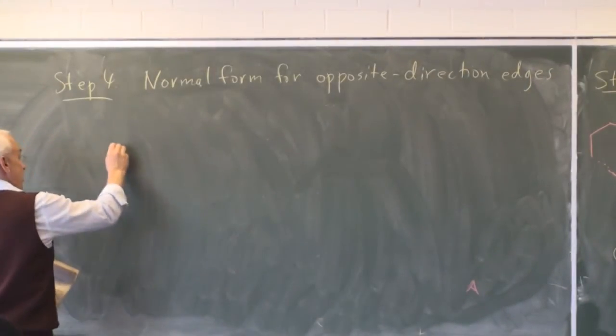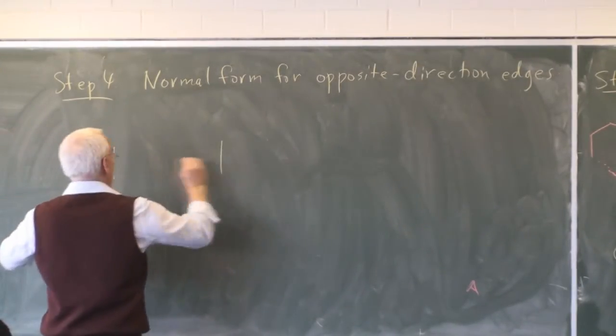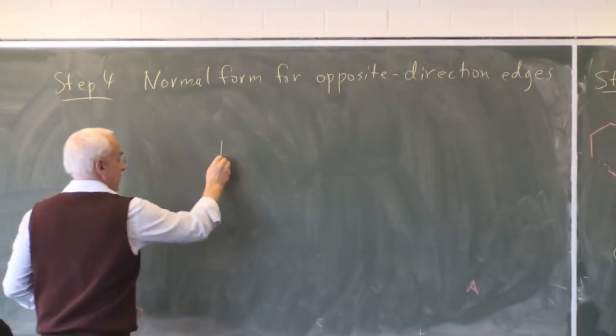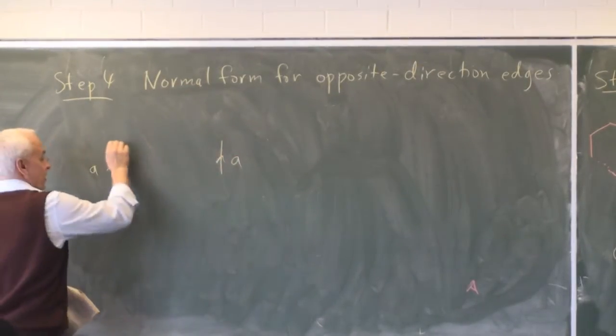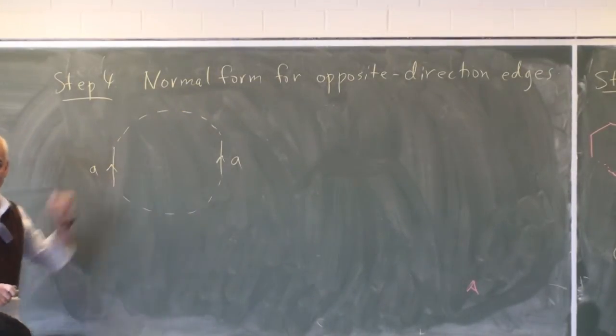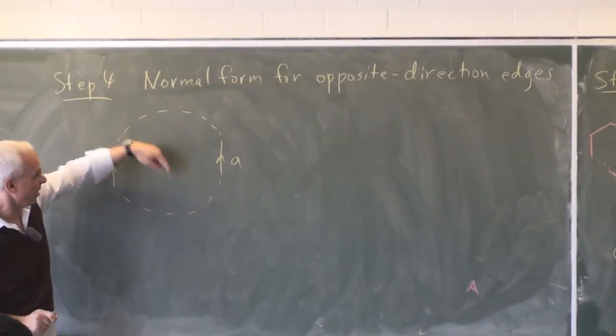Okay, so the situation here is that we have one pair of edges, let's call them A, and they're in the opposite direction, so it's something like this. They're separated by pieces of the polygon. But they're in opposite directions. As we go around, one is going this way and one is going the other way.